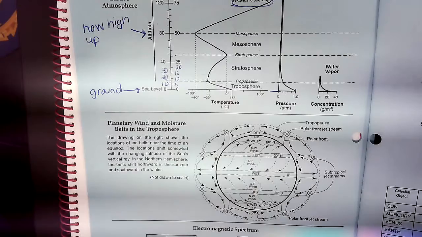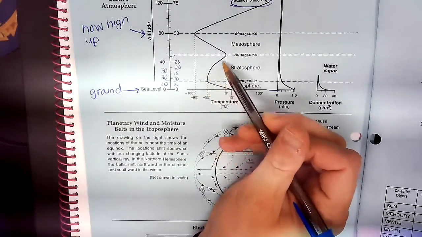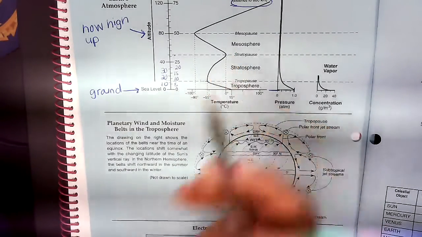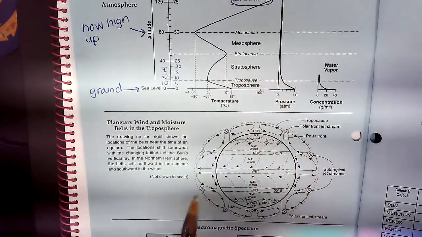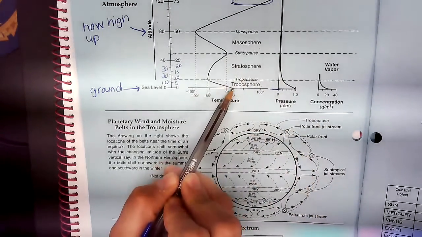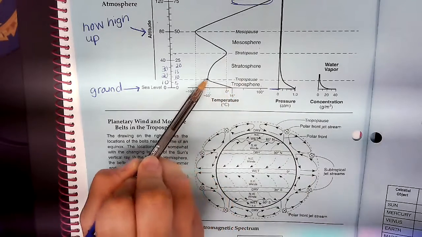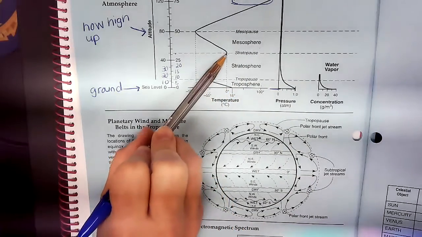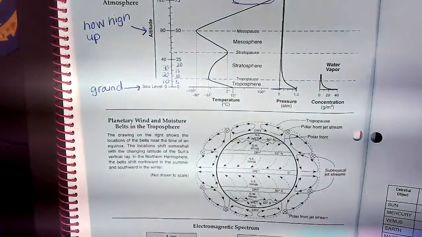Sorry, Tyler, but question 2 does ask where it's increasing. So that's the stratosphere. Do you see on the graph what's happening? This line right here, when you start on the ground, you're getting a colder temperature. And then as you go higher up here, it goes warmer, colder, warmer.